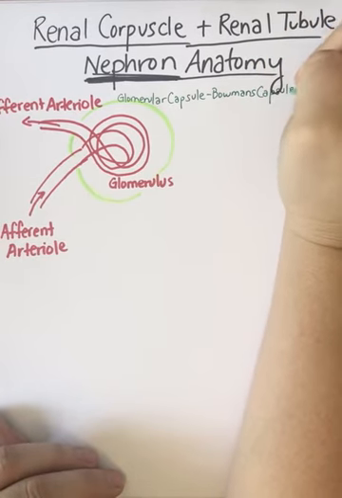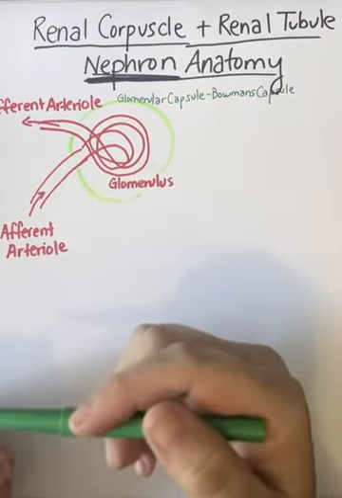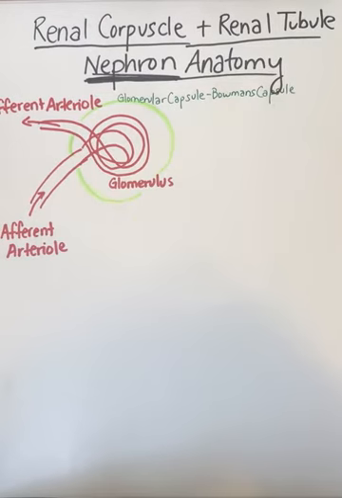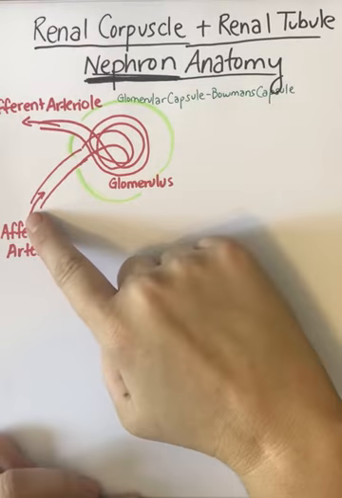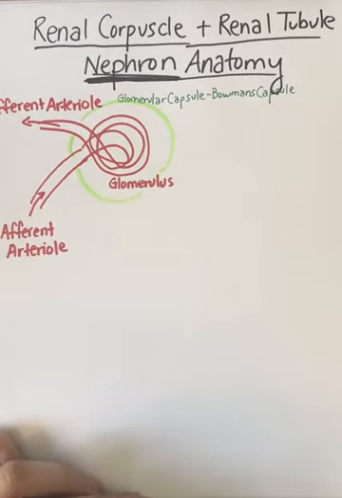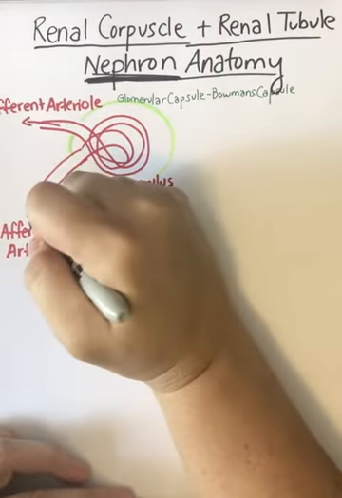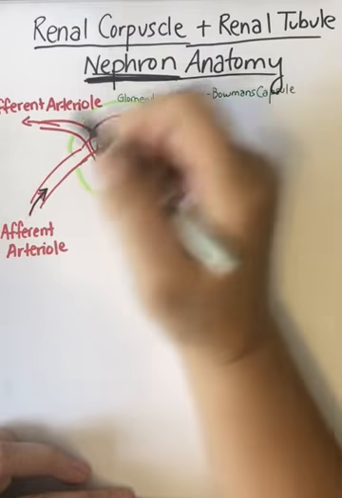This is ultimately where we're going to filter the blood, and we are going to produce filtrate, which we're going to call urine eventually. So as blood enters into the afferent arteriole, I'm going to use black, it's going to go into the glomerulus.